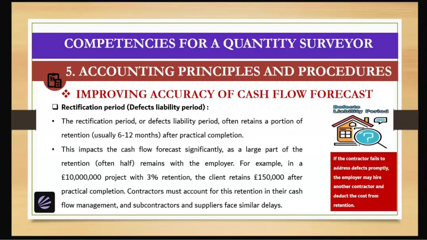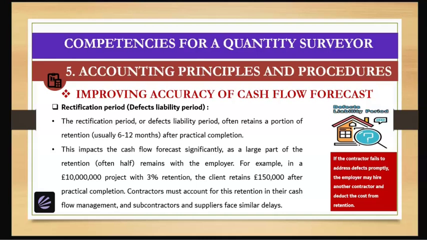Next is about the rectification period or defects liability period as well. This rectification period often retains a portion of retention, usually 6 to 12 months after practical completion. This impacts the cash flow forecast significantly, as a large part of the retention, often half, remains with the employer.